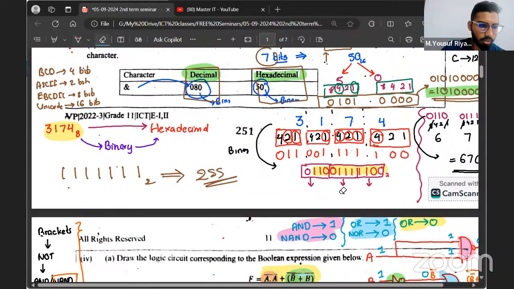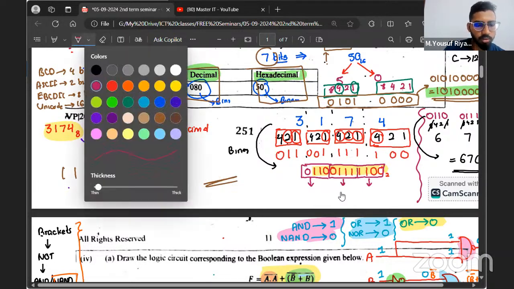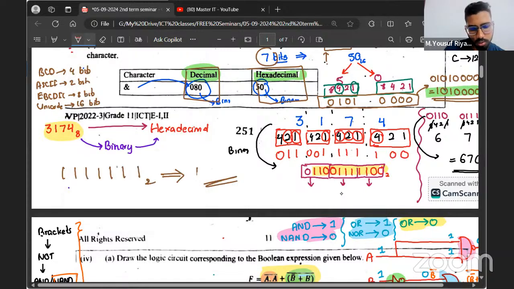My mistake: 1, 2, 4, 8, 16, 32, 64. It should be 128, because 000 is also a number. So 127, sorry, 128, because 0 is also a number. So this should be 128.